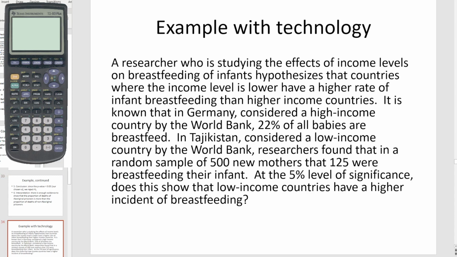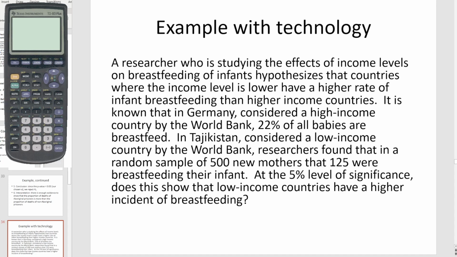Looking at another example, this is an example with technology. A researcher who is studying the effects of income levels on breastfeeding of infants hypothesizes that countries where the income level is lower have a higher rate of infant breastfeeding than higher income countries.